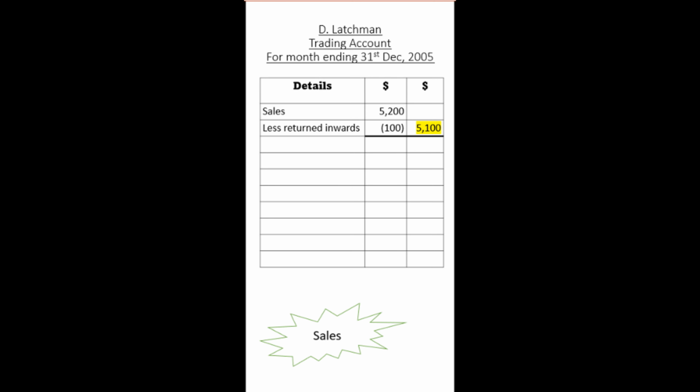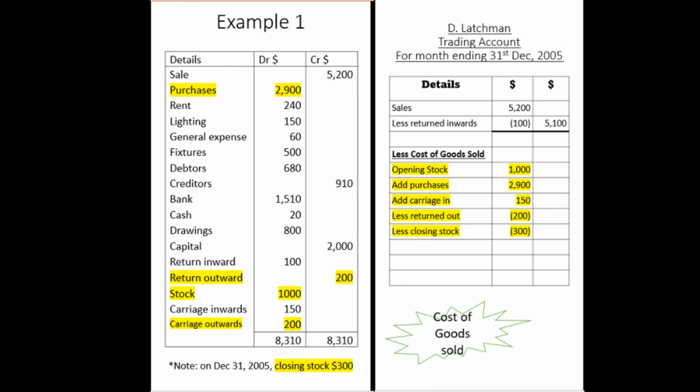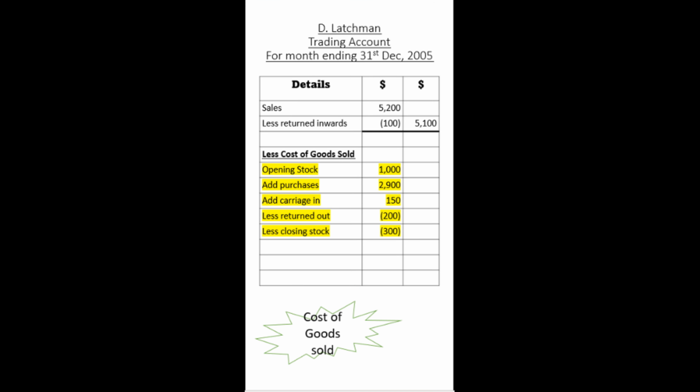Now we have to determine the cost of goods sold. So we have to look at our trial balance and our formula. We have to add opening stock, add our purchases, add carriage in, less return outwards, and less closing stock. Opening stock is $1,000. Purchases is $2,900.